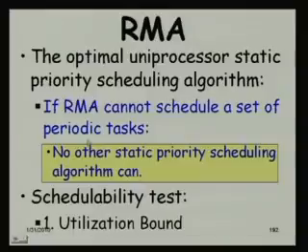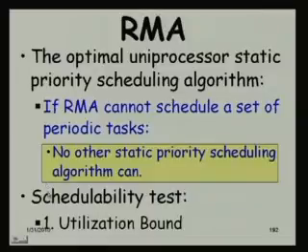It is the optimal algorithm in the sense that if something cannot be scheduled using RMA, then we cannot have any other static priority scheduling algorithm which can schedule that same set of tasks. So, in that way this algorithm is very important.